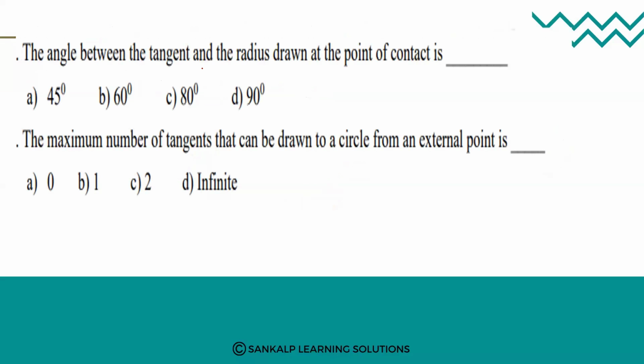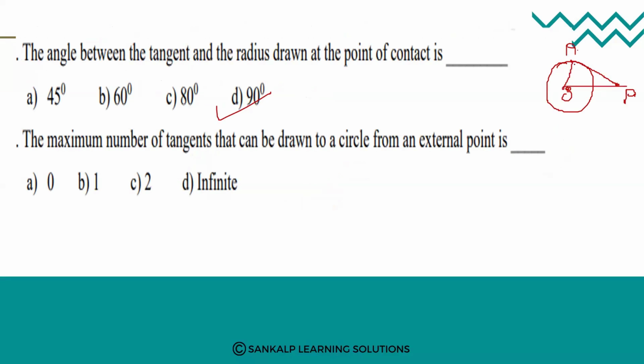Next one. The angle between the tangent and the radius drawn at the point of contact is 90 degrees. See, this is a circle and this is center O and this is a tangent. Call this point P. Now you are drawing PA as a tangent here.